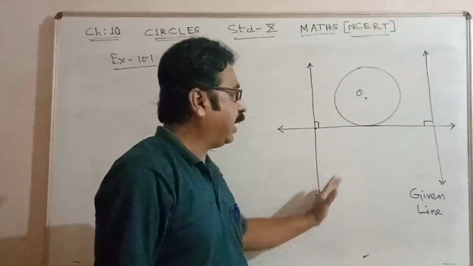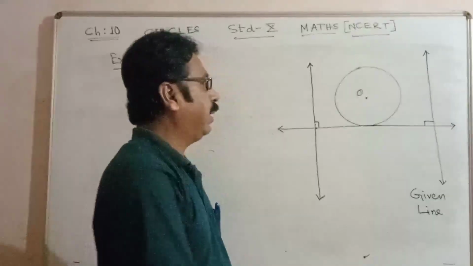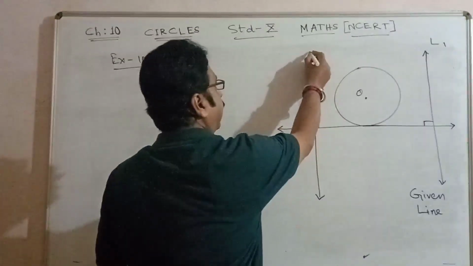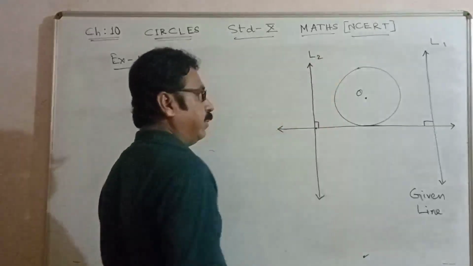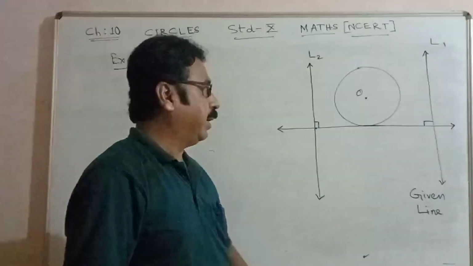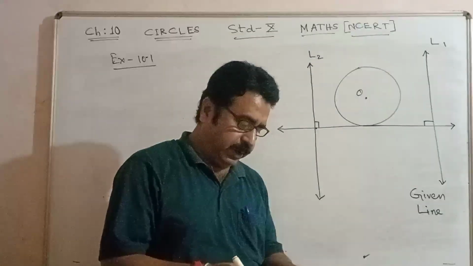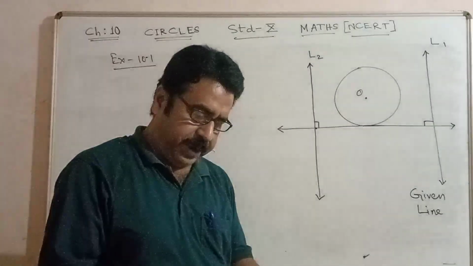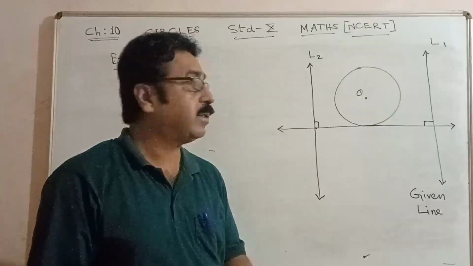That means this line and this line will be parallel. Suppose this is line L1 and this is line L2. Line L1 and L2 parallel. Now what instruction is given here? We have to draw one tangent and another is secant.